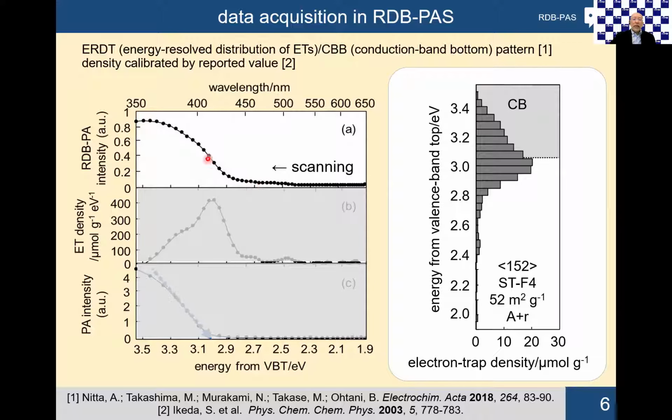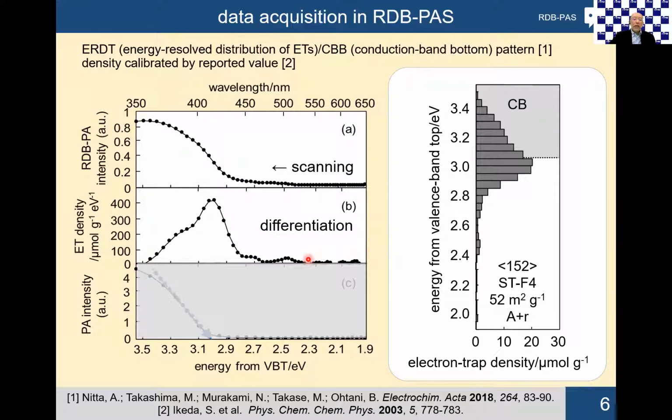And this shows the accumulation of electrons in electron traps. Here is a small increase, and here is a large increase. And this is differentiated from the lower energy side to higher energy side to give the energy distribution of electron traps. However, this is a relative value.